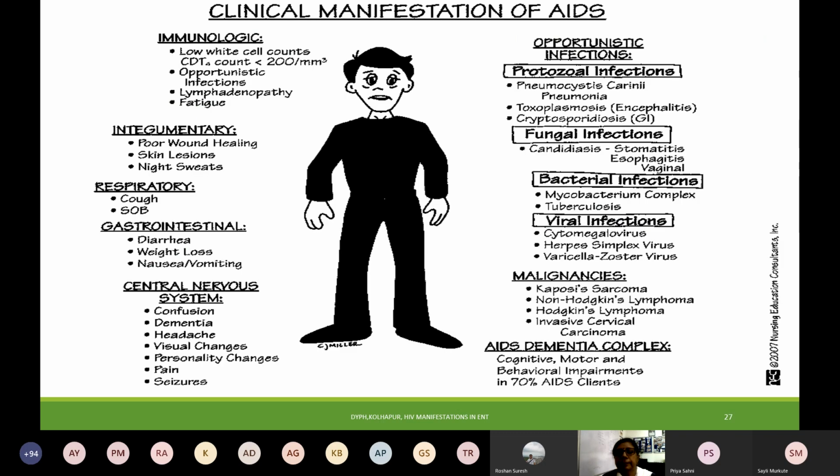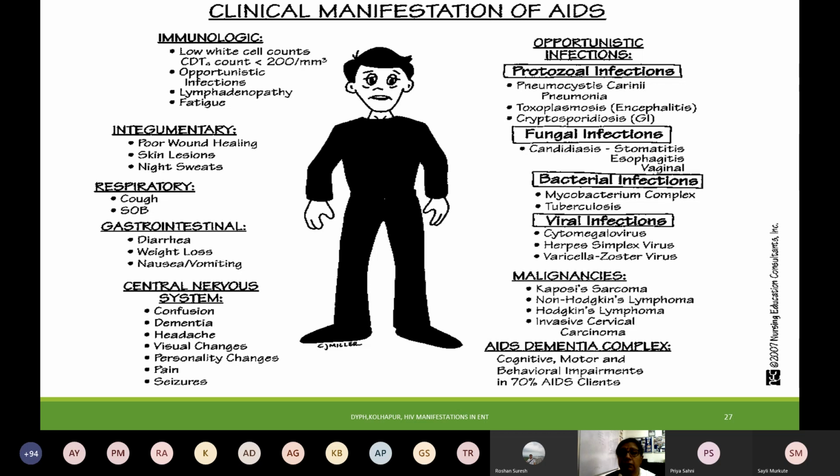Next, this is the second last slide. What I have put here are the clinical manifestations of AIDS. They are always associated with opportunistic infections also. Immunologically, you see a low CD4 count, less than 200 cells.